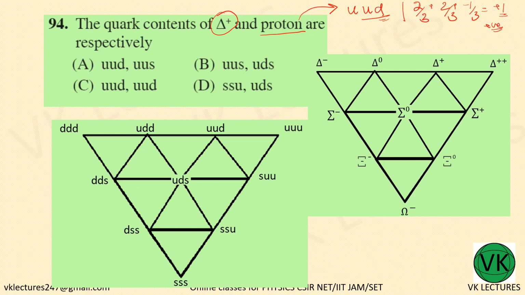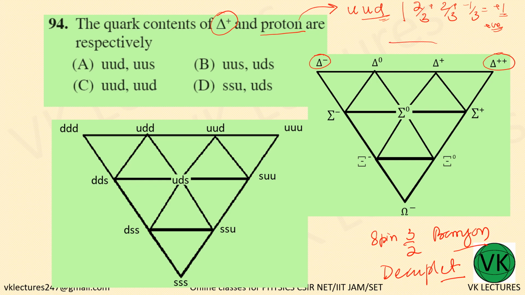Now what is given here is a spin 3 by 2 baryon quark structure. This is represented in a decuplet. It starts from delta double plus and ends in delta minus in the first row. And here you have sigma plus, sigma naught, sigma minus, cascade naught, cascade minus, and omega minus.